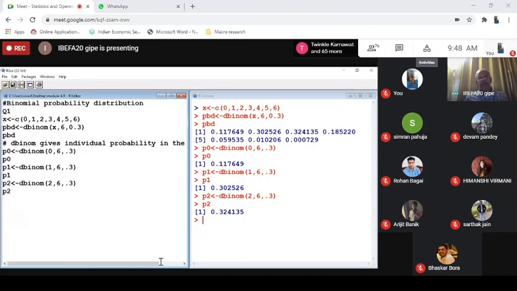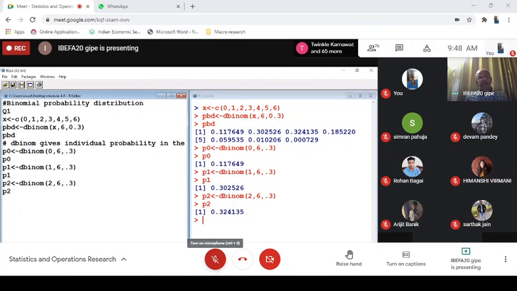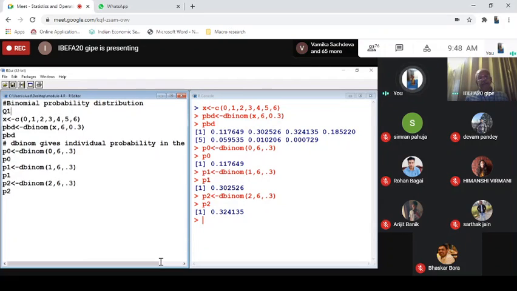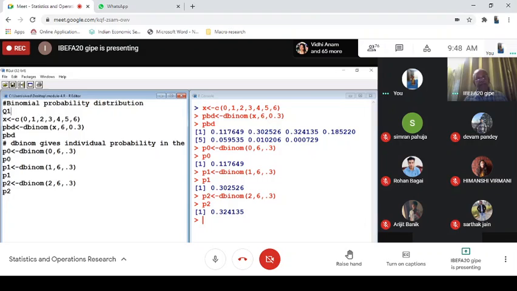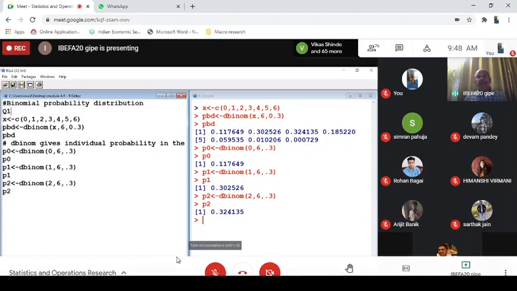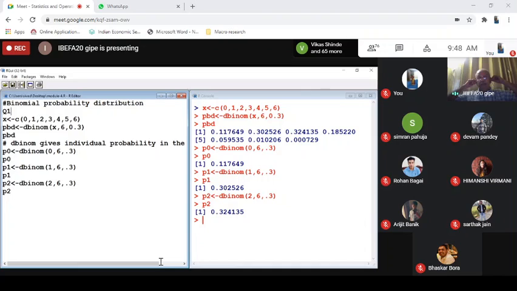Any question? Yes, yes, yes. Binom stands for binomial distribution, and D stands for distribution, and distribution means individual probability.